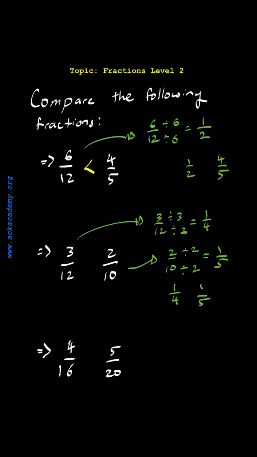Well, think of it this way. If I have 4 pieces of something, or if I have 5 pieces of something, and I get one of it, what portion would actually be bigger? Right?